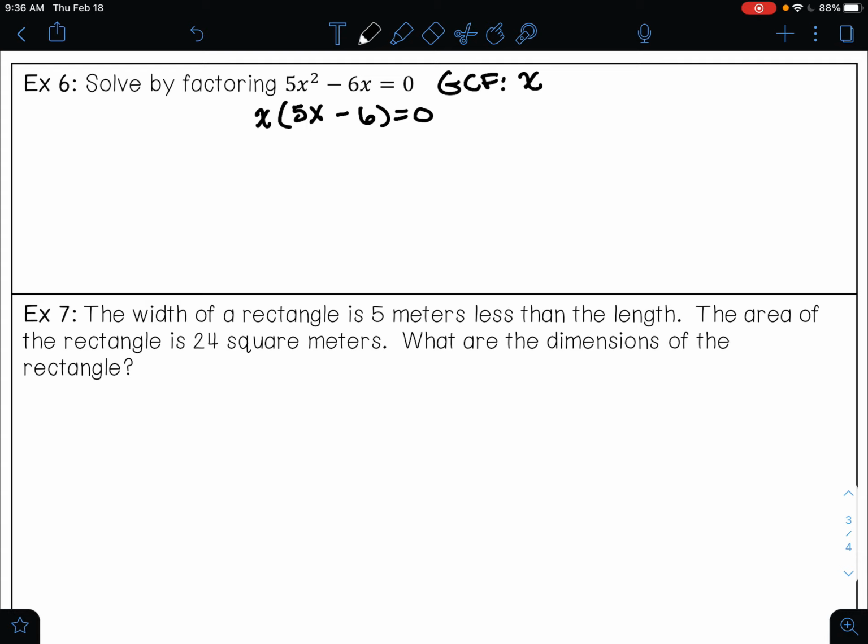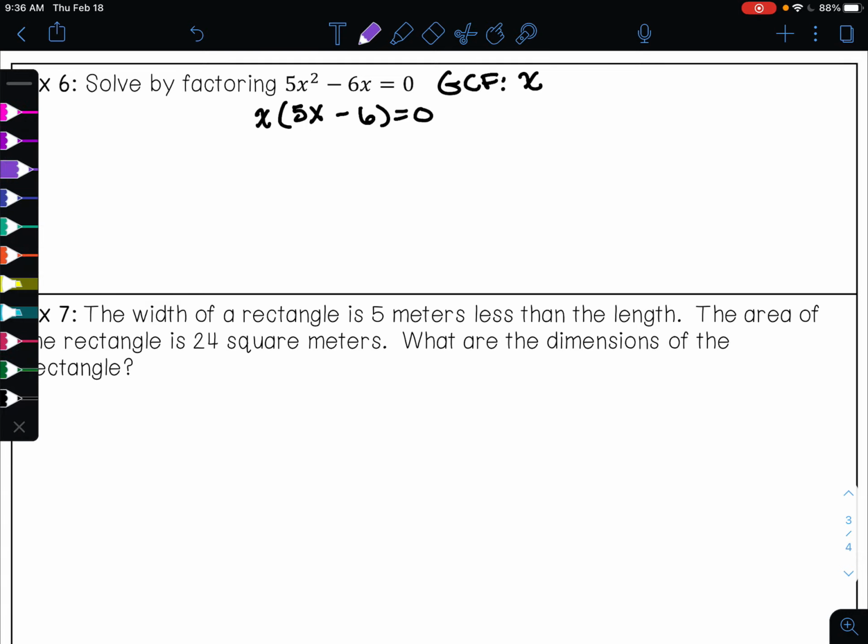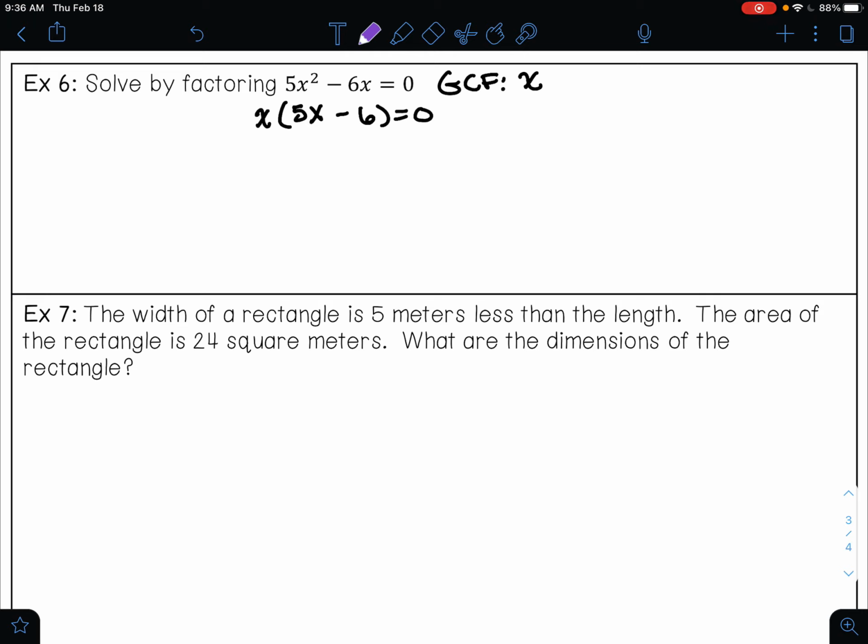This is now factored completely. I know this because both of my factors, x and 5x minus 6, are linear. Remember, linear means that your highest degree is 1. So because each of these factors are linear, I know that I have factored completely.